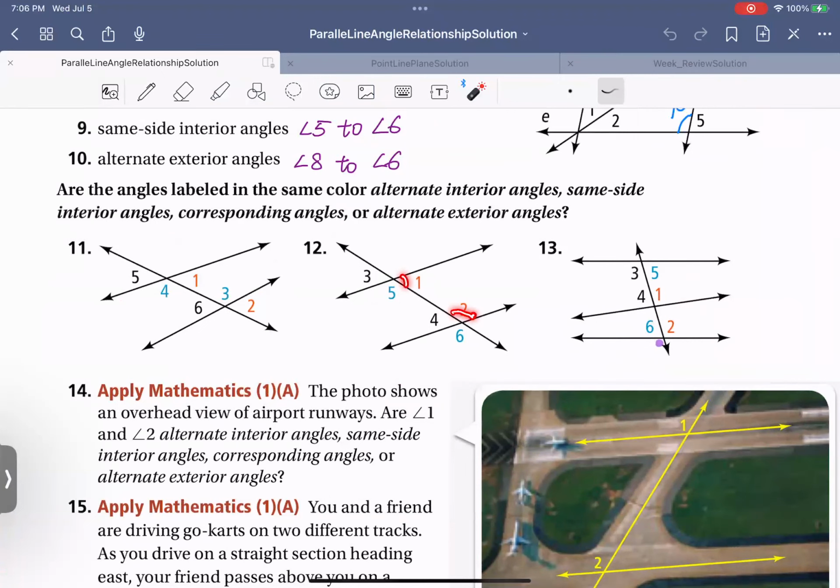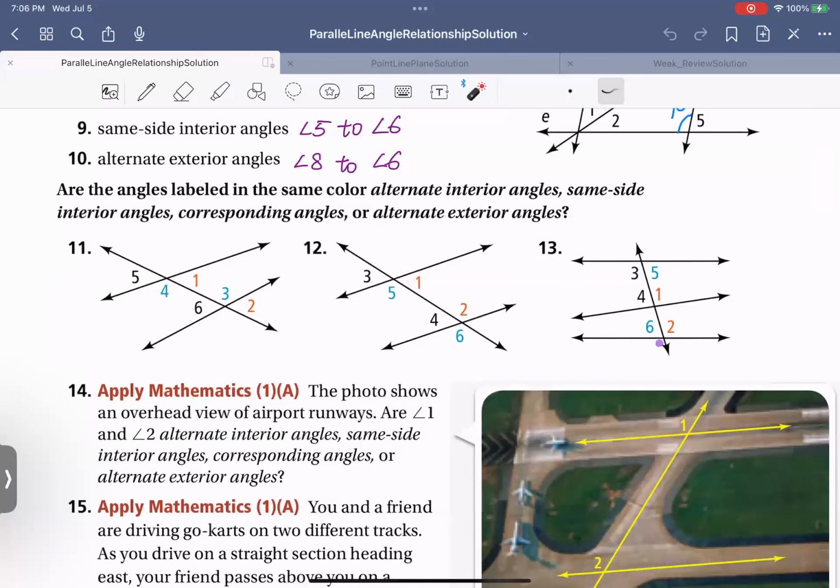The same side interior. Excellent, very good. First, it's the same side. Second, it is inside these two lines, so it's called interior. Excellent. Now, how about number 5 and number 2? Alternate interior. Excellent, Stephen. Very good.